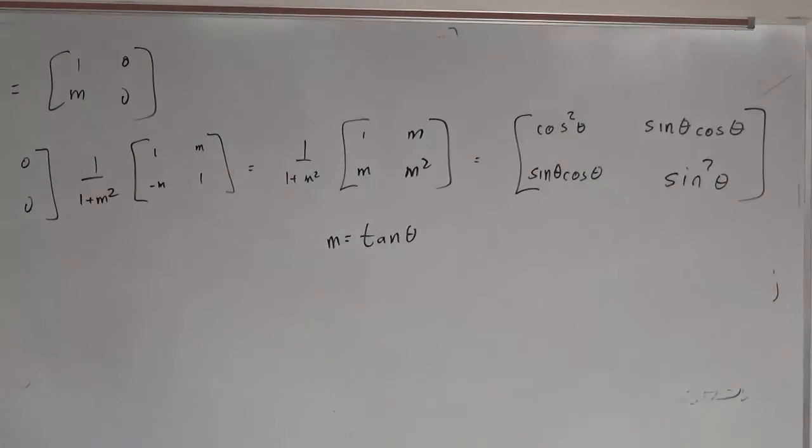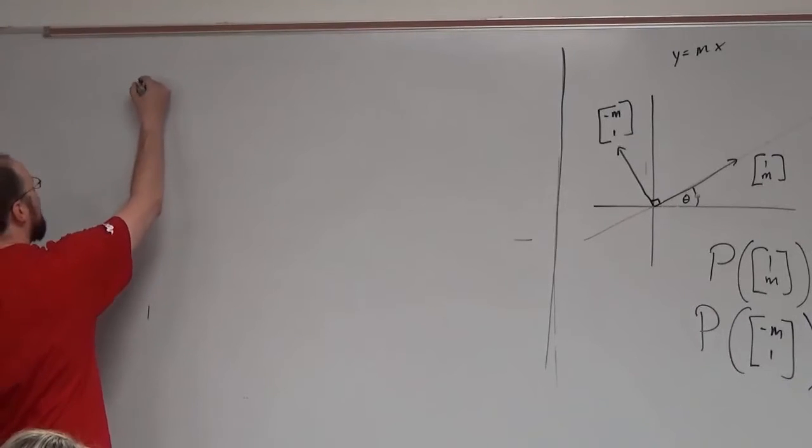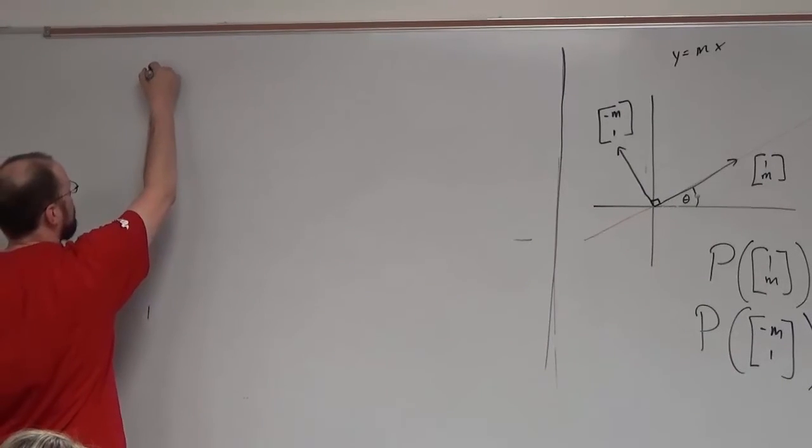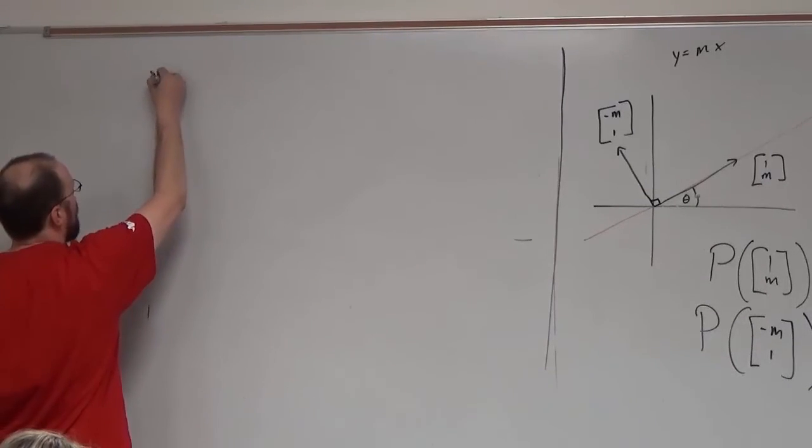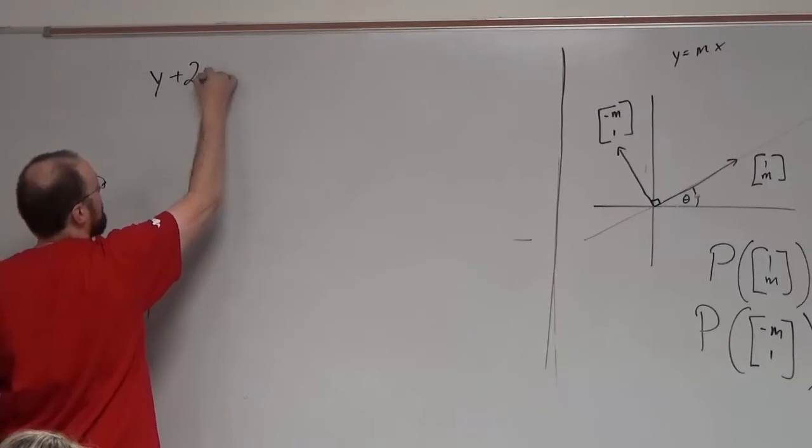I don't know these formulas, by the way. This is just so basic that you can easily derive the projection; you don't need to know the formula. So suppose we have the line y plus 2x is z.